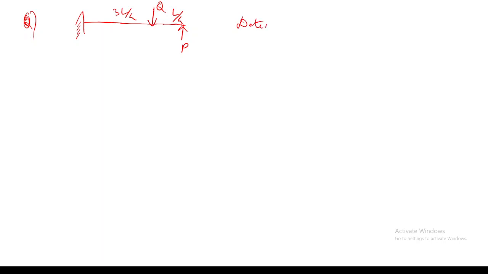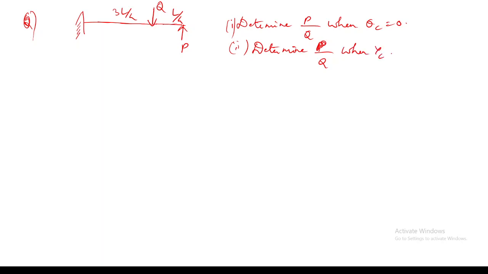Determine the P by Q ratio when theta c equals 0. This is the first one. And determine the P by Q ratio when yc equals 0. Can you do it? Okay, this is B and this is C.